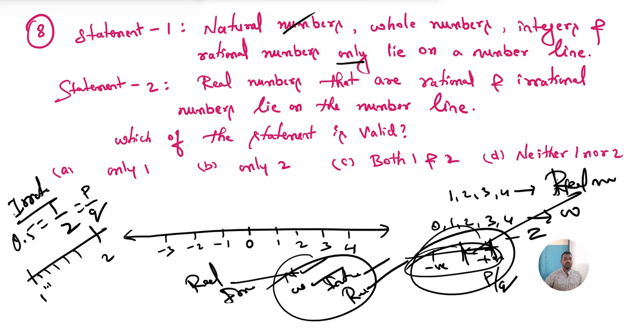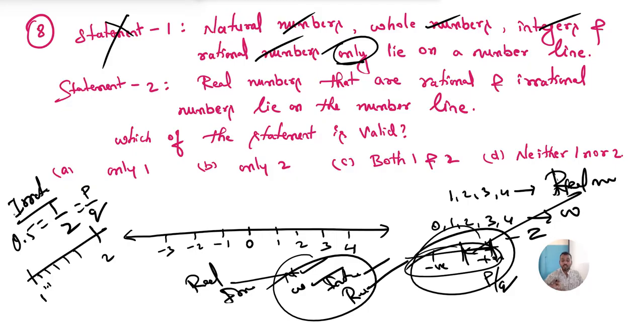Natural numbers, whole numbers, integers, rational numbers, yes. It says only. But irrational numbers are also on the number line. It means statement 1 is false because he has not mentioned irrational numbers.